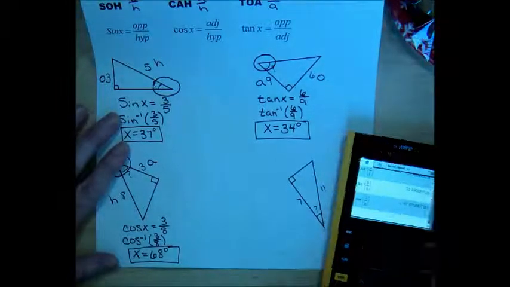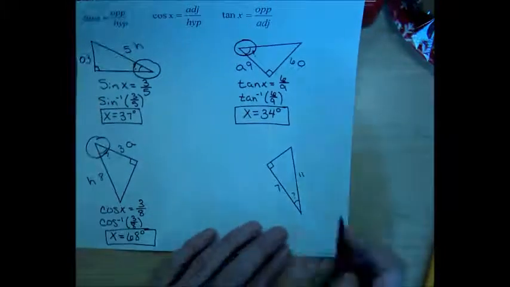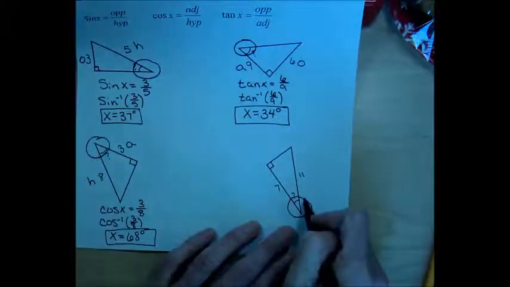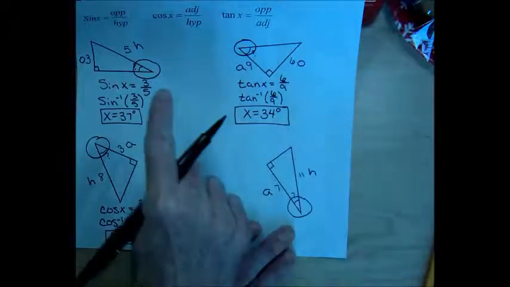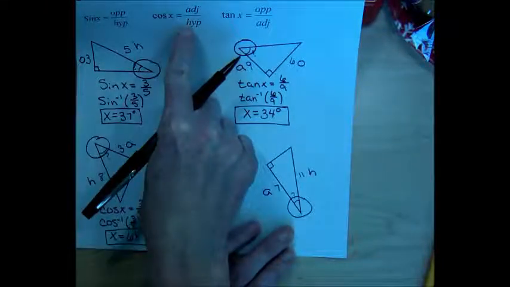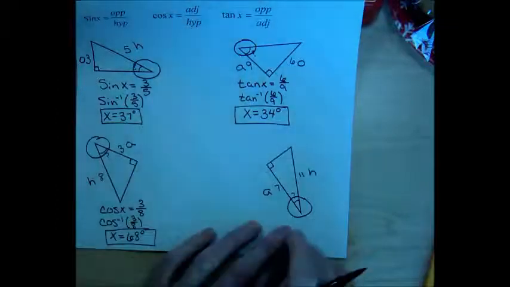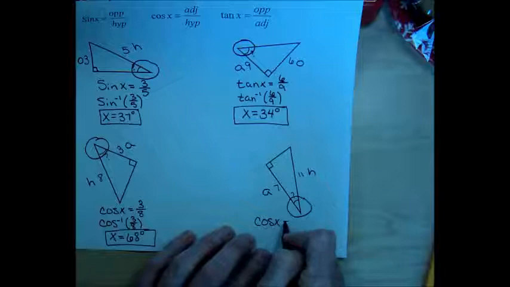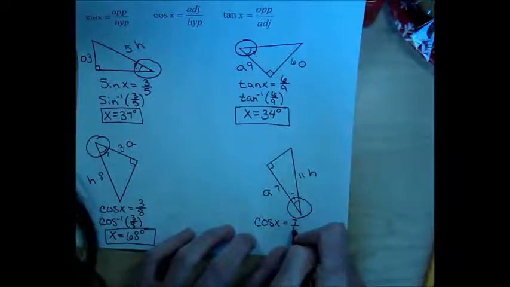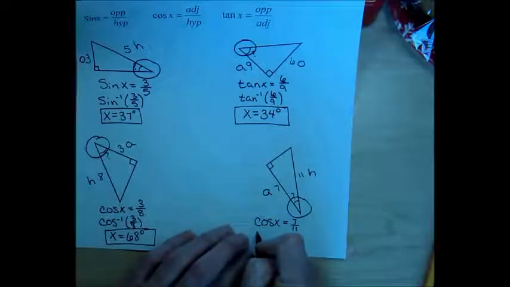Okay, last one. Same method. Make sure you show all your steps. Identify your angle. Label your side lengths. Hypotenuse is 11, adjacent is 7. So adjacent and hypotenuse is cosine. So cosine of the angle is 7 over 11 because that's adjacent over hypotenuse.